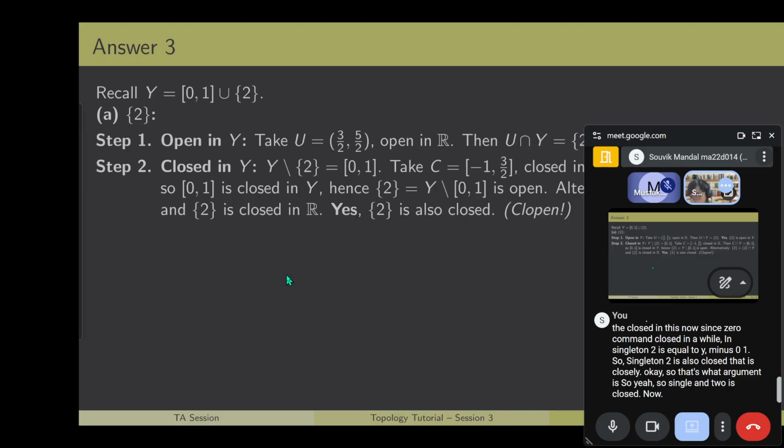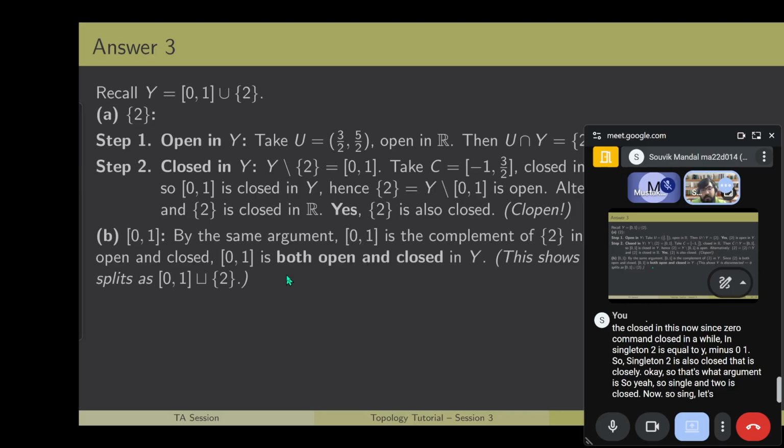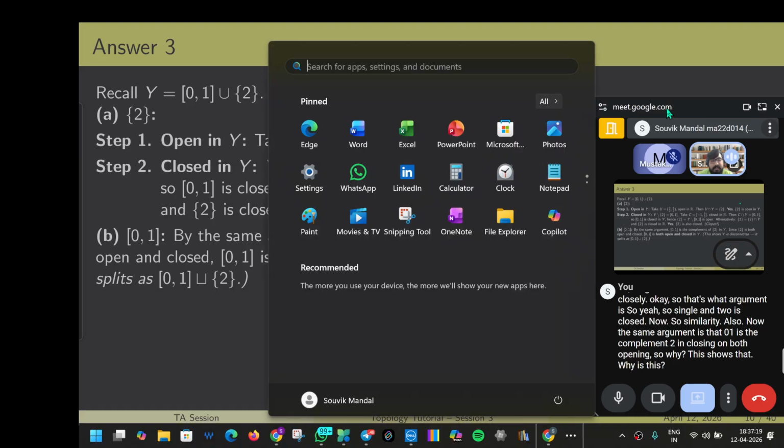Now the same argument tells us that [0,1], being the complement of {2}, is closed, and is both open and closed in X and Y. This shows that Y is disconnected and splits as [0,1] and {2}.